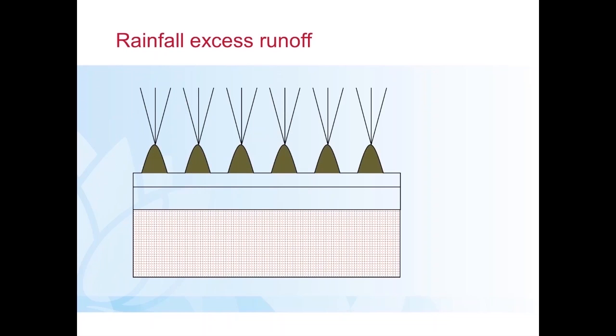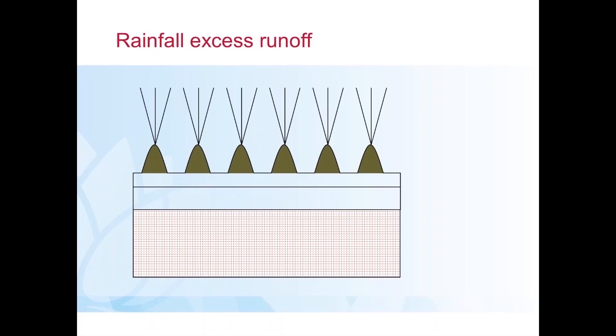Two types of runoff can occur: rainfall excess runoff and saturation excess runoff. What we've got here in the rainfall excess is, I have to apologise for all these slides, this slide's about 20 years old. It was for my PhD confirmation, and I was working in sugarcane at the time.